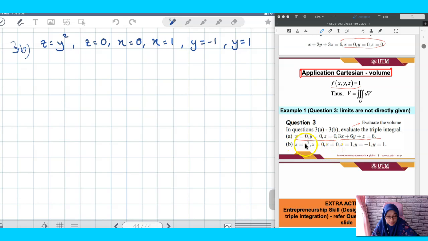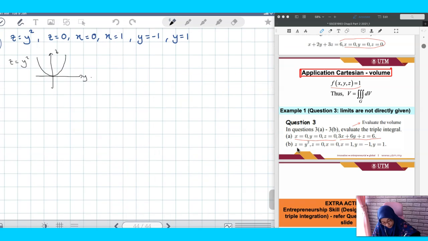Okay, but then we have something curvy, which is given by z equal to y square. So first we have to sketch the trace so that we have an idea. So we have z equal to y square, where the trace is on zy, we have the quadratic. Okay, so then when we sketch the surface in 3D, it should be a surface.